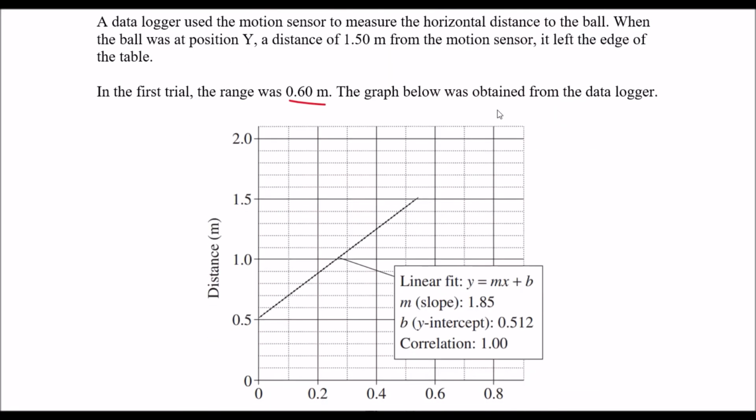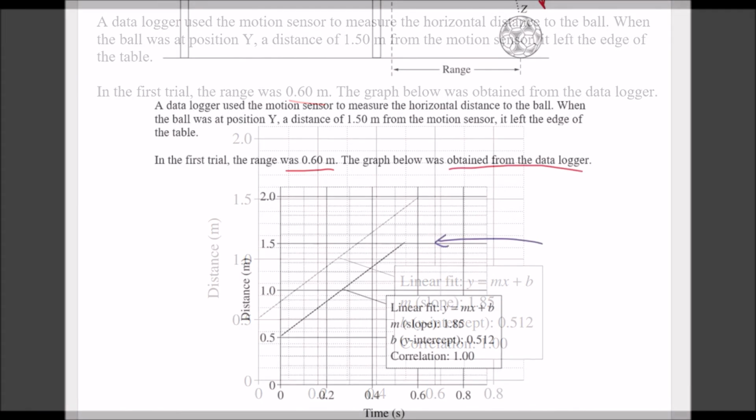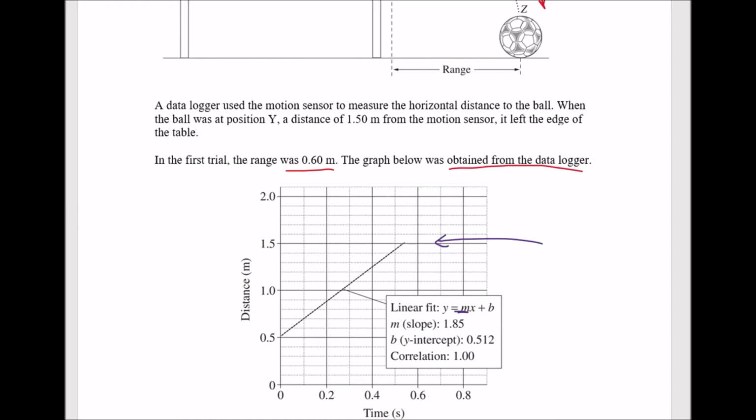And the graph below was obtained from the data logger. So we got a nice little trend here. Okay, and we have a gradient value. So let's actually look at what this gradient tells us. Firstly, the gradient tells us distance, and it tells us time.